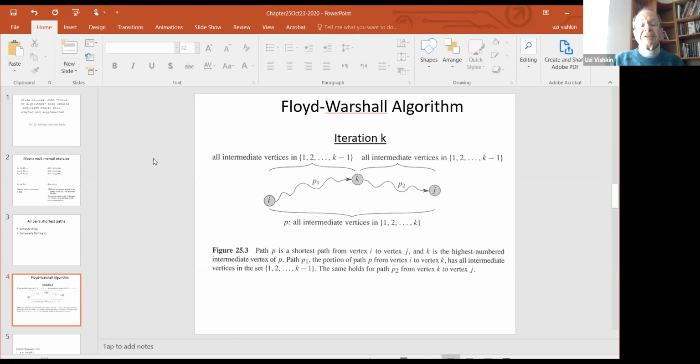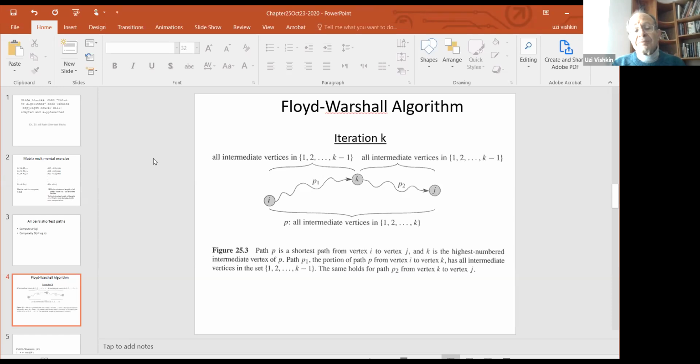So what is the basic idea? The basic idea is, again, inductive. And the induction is captured by the following. What is the input for iteration k?